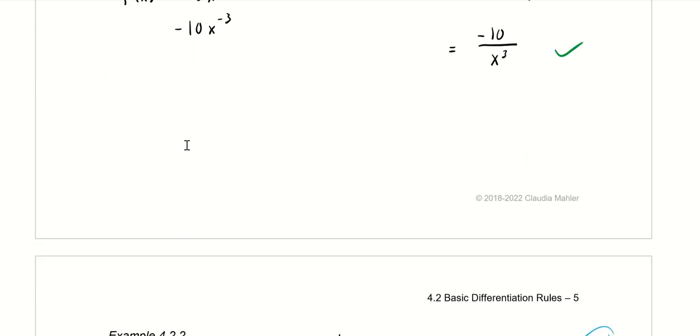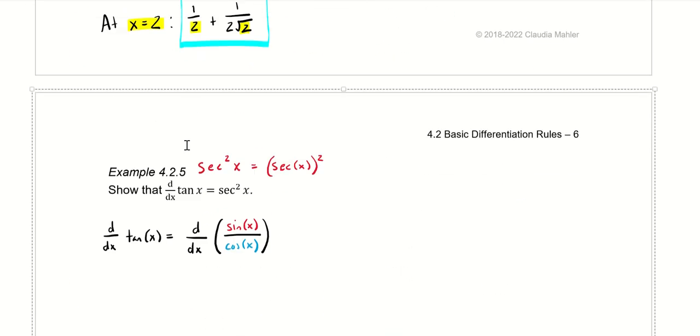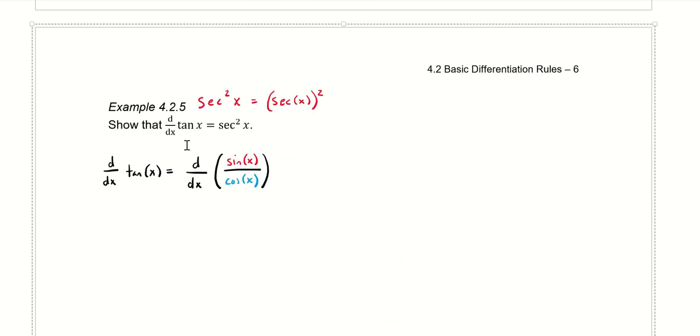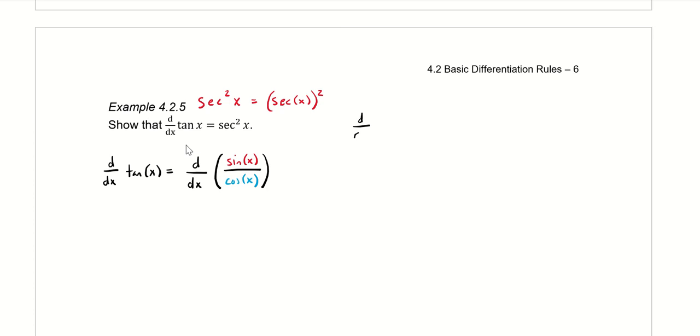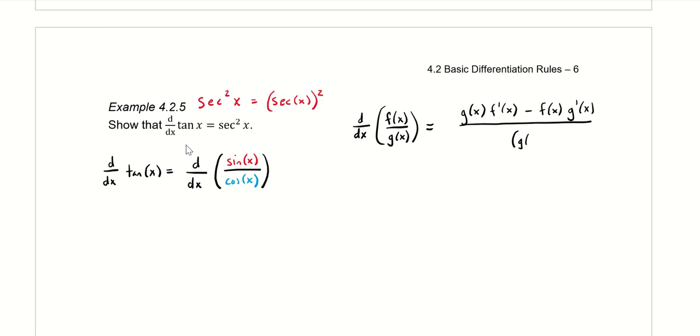So let me write down the quotient rule here for us so we can refer to it, and then let's plug in our information. So the derivative with respect to x of f of x over g of x is our quotient rule: low d high minus high d low, square the low, and there you go.